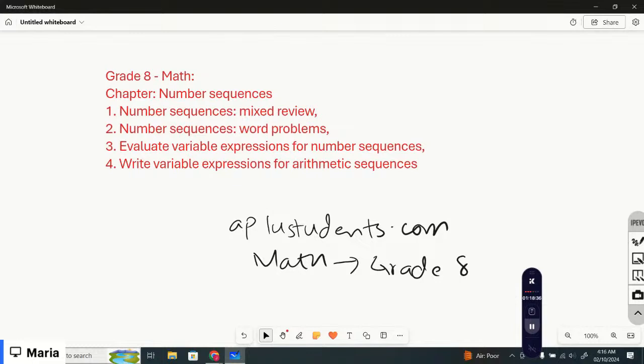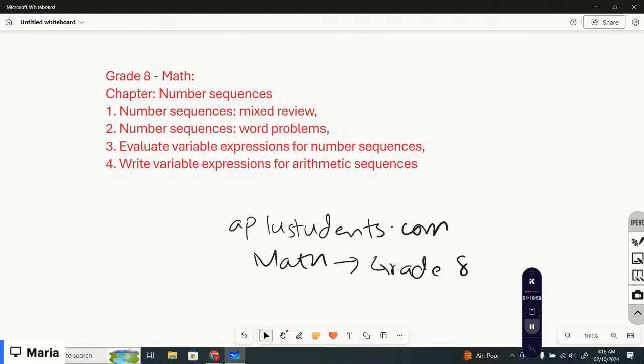We're going to start with the chapter number sequences. The lessons we're going to cover today are number sequences word problems, evaluate variable expressions for numeric sequences, write variable expressions for arithmetic sequences.